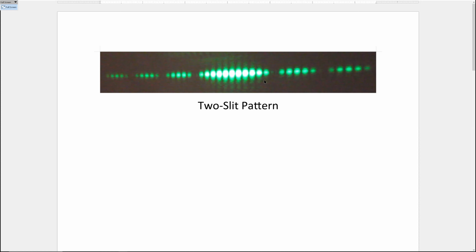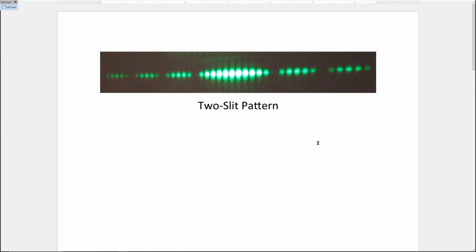The equations we had for the two slit pattern would never fade out, but when you've got that single slit thing going on at the same time, then that two slit pattern fades out, comes back, fades out again, comes back. And that's what's going on in this case.